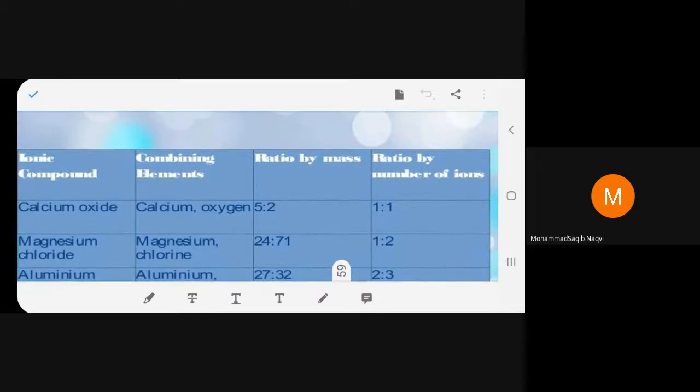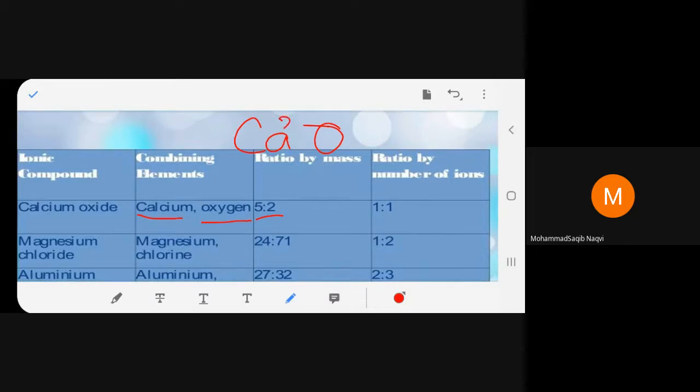We'll see the ionic compounds. I will read it out, beta. Calcium oxide is made up of calcium and oxygen. By mass, the ratio is 5 is to 2, but by number of ions, it is calcium and oxygen. What will you write? 2 plus and 2 minus. Is it clear?